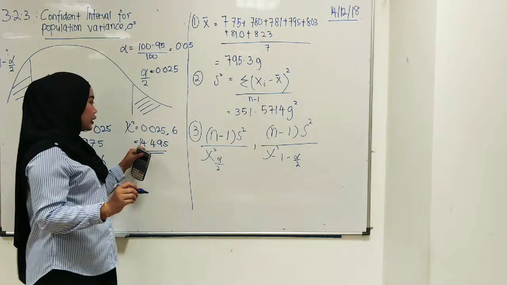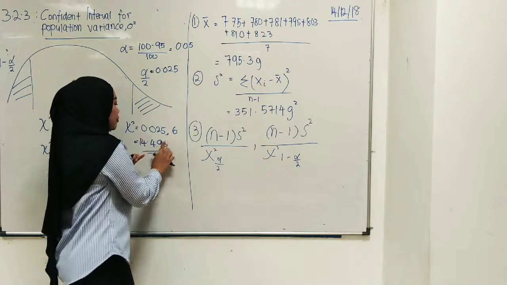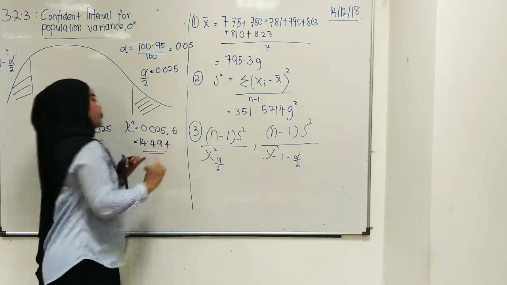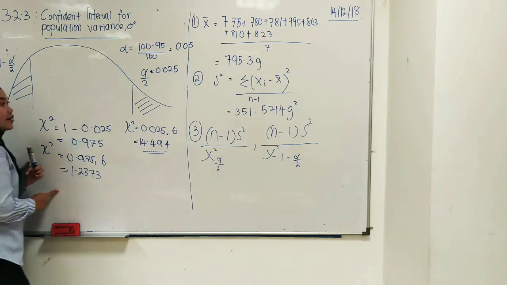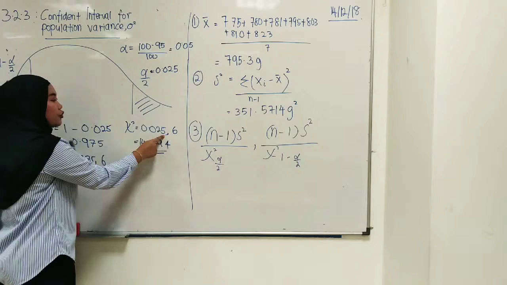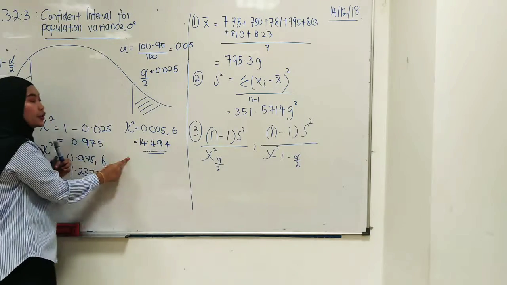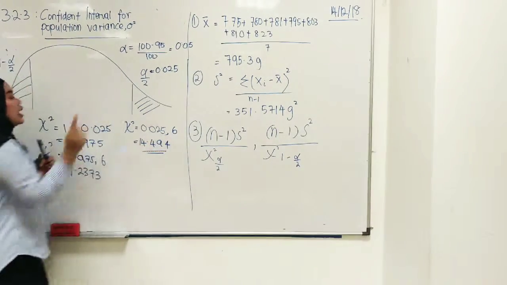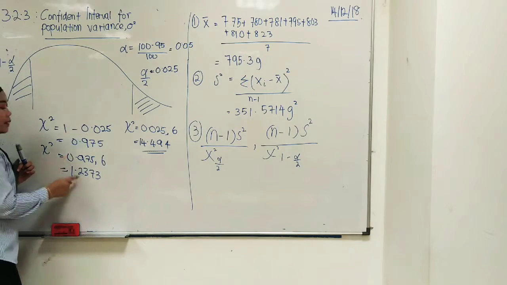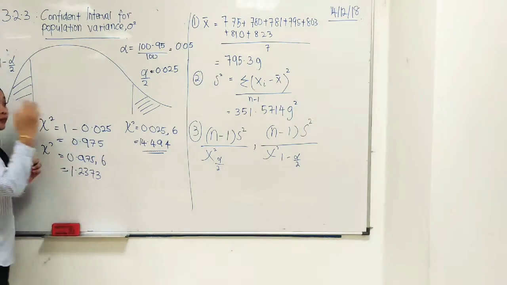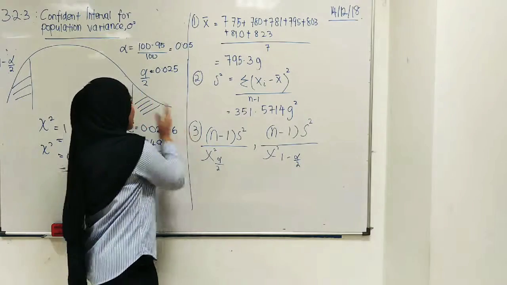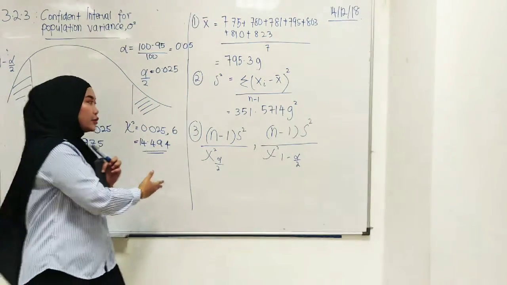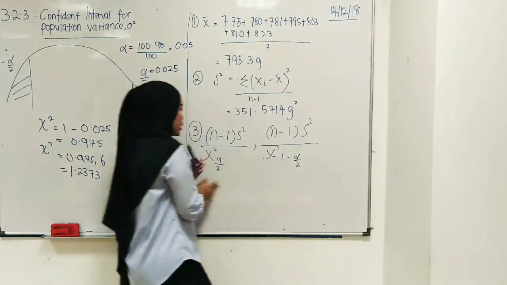So we have found the chi-square value for 0.025, degree of freedom 6, that is 14.494, and the other one is 1.2373.